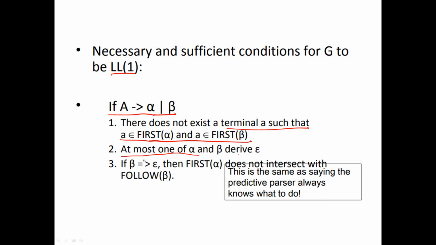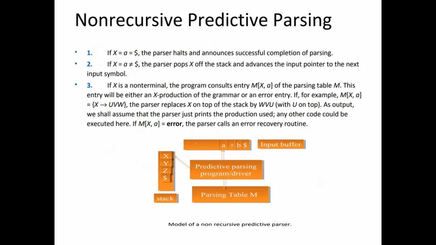At most one of alpha and beta derives epsilon, and if beta derives epsilon, then first of alpha does not intersect with follow of beta. So when you are using first and follow methods, this process is going to execute in LL(1).